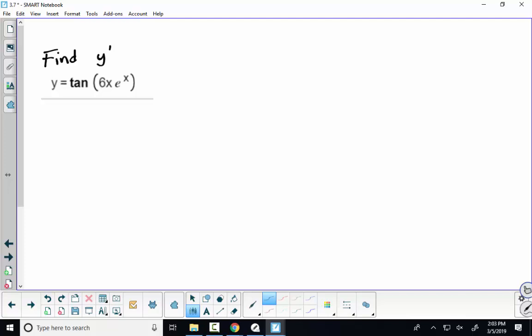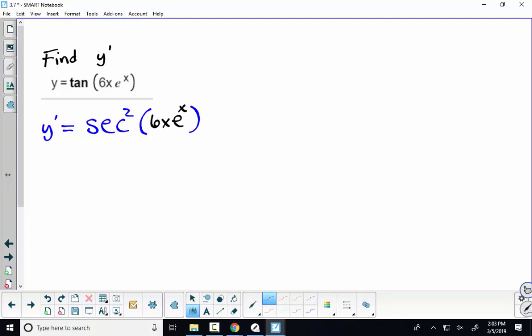Any other derivative rules that show up as a result of that, we can look at off to the side and compute separately. So y prime, we take the derivative of the outside function and leave the 6x e to the x alone. So what's the derivative of tangent? Secant squared. So it's the secant squared of 6x times e to the x.